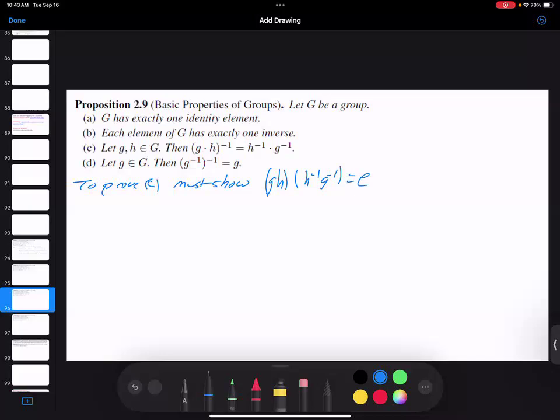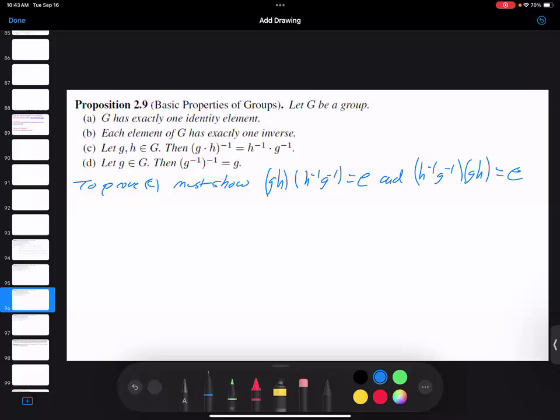Anything else? And H inverse G inverse times GH equals also the identity. So what does it mean to be an inverse? It means if I multiply on the left, I get the identity. If I multiply on the right, I get the identity.